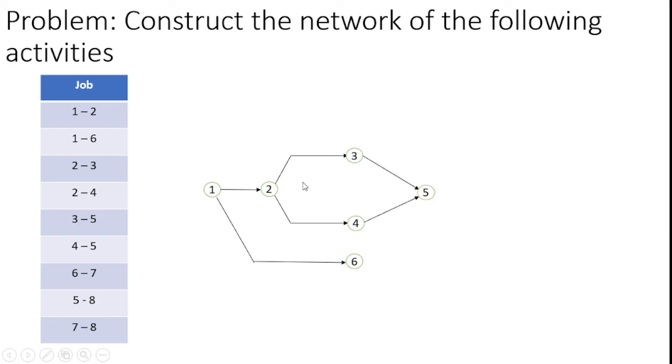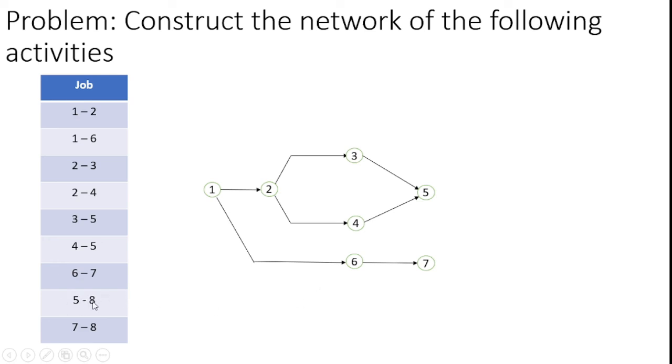After that, 3 to 5 and 4 to 5 I can draw like this, because after completing the 3 I can start to end with the fifth node, and also after completing the fourth node, I can start the next activity to move the job to 5. And then 6 to 7 is available, so I can represent 6 to 7.